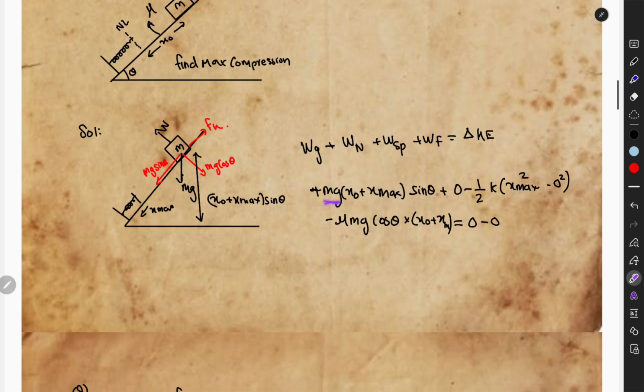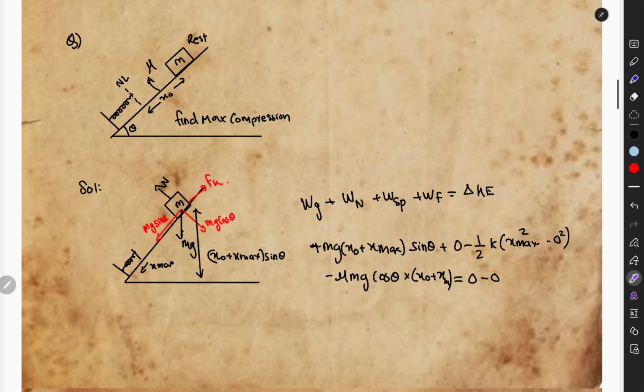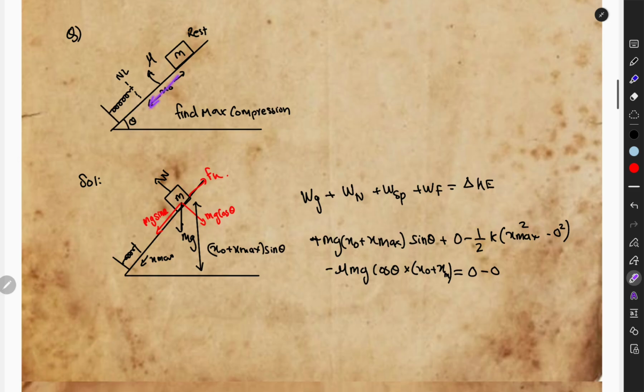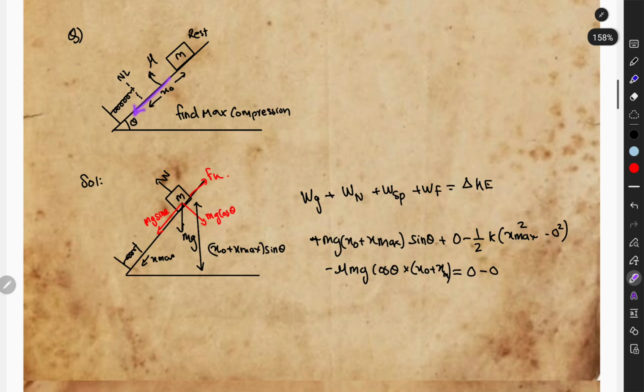So mg times x naught, where x naught is the initial distance, plus x max. So this is the distance after compression, which is going to be x max.